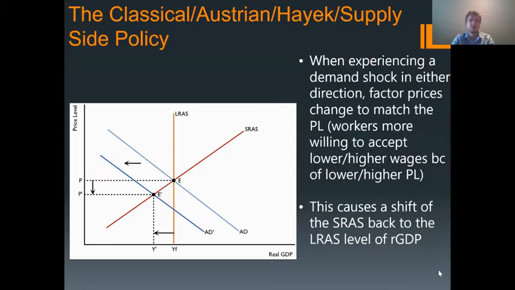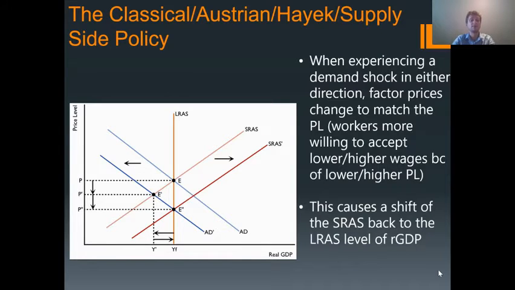So this means that their nominal wages will fall. When nominal wages fall, that's something that shifts short run aggregate supply to the right. That takes us back to our full level of employment, and we have what is termed as a self correcting economy. So that's kind of how you have to think of this, as a self correcting economy.